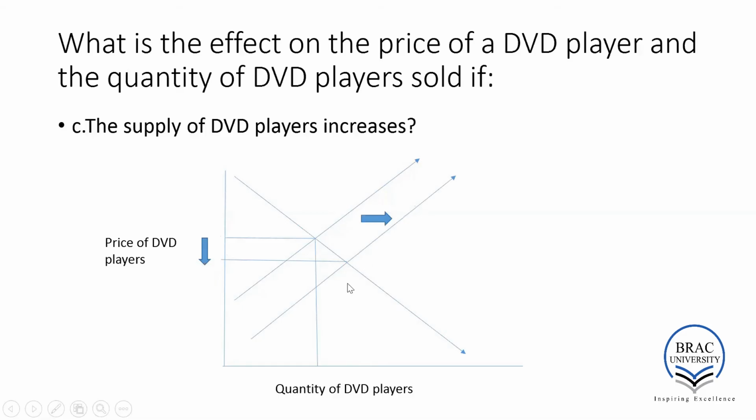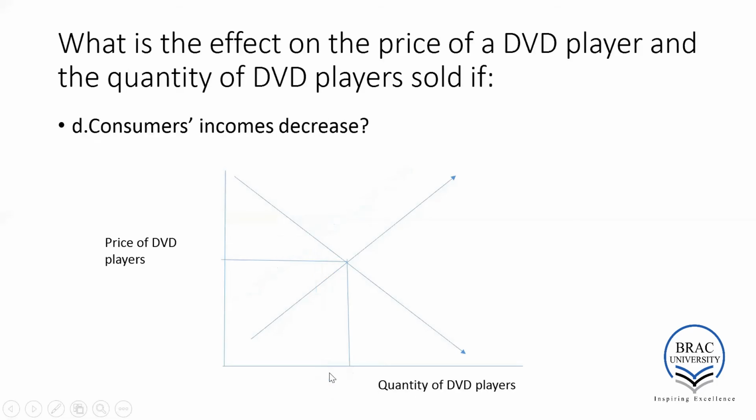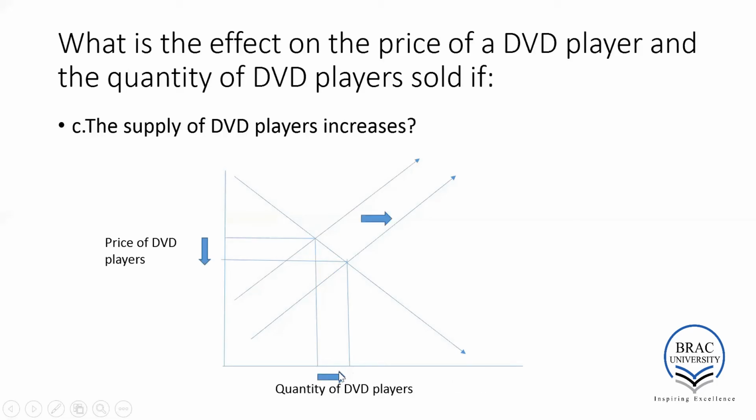And if we draw another line for the new equilibrium quantity, and compare the new equilibrium quantity with the old one, we can see that the equilibrium quantity has increased. So we can say that due to an increase in supply of DVD players, we have a decrease in price of DVD players in the market and an increase in quantity of DVD players bought and sold in the market.